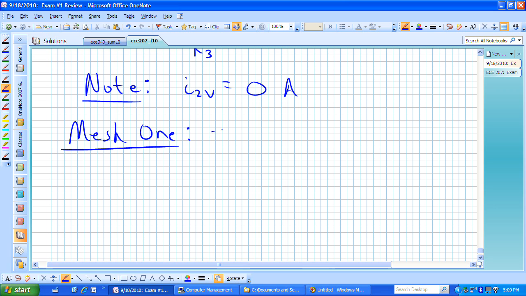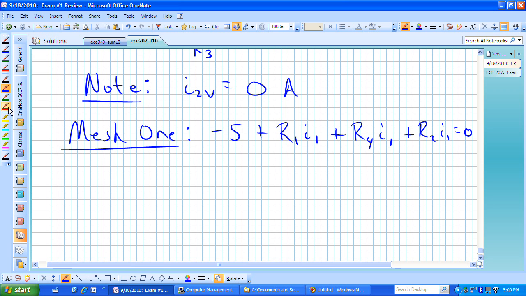So for mesh 1, we have minus 5. We're going into the minus terminal of the voltage source, plus R1I1, that's V sub 1, plus R sub 4I1, plus R sub 2I1, and that now brings us back to where we started, and those need to sum to 0.